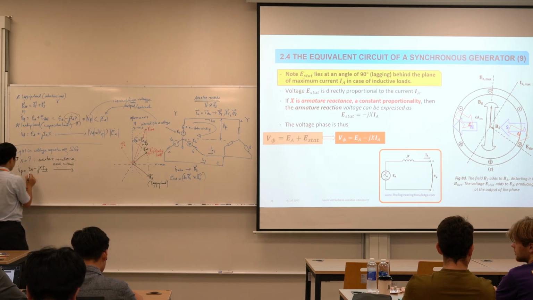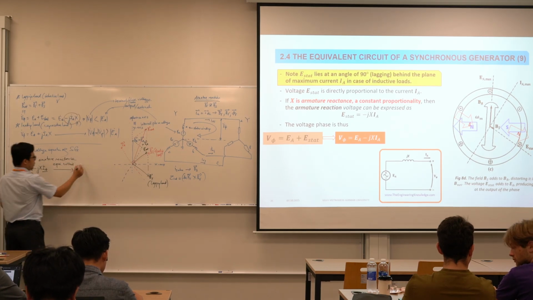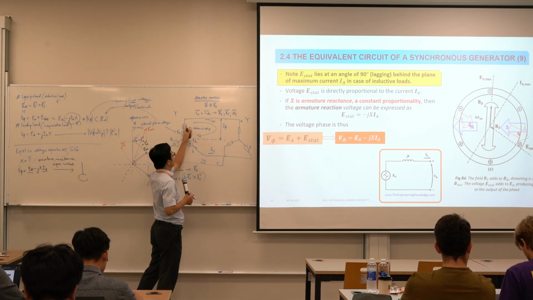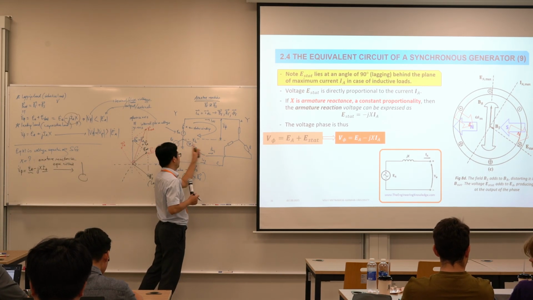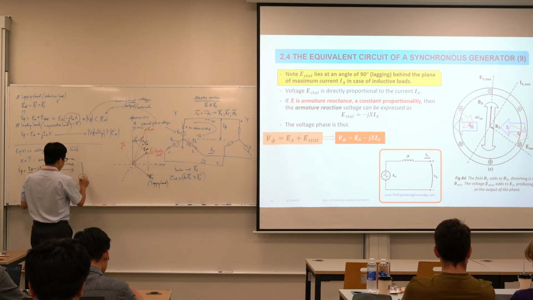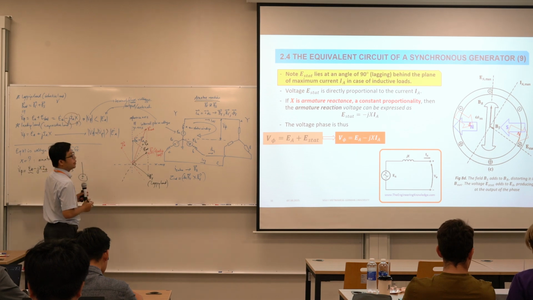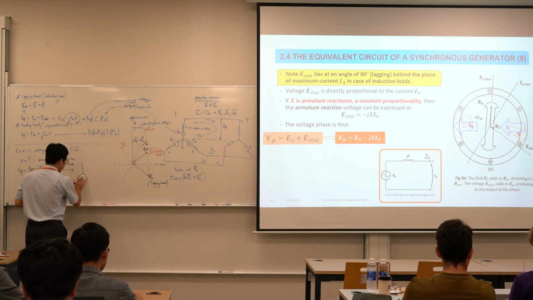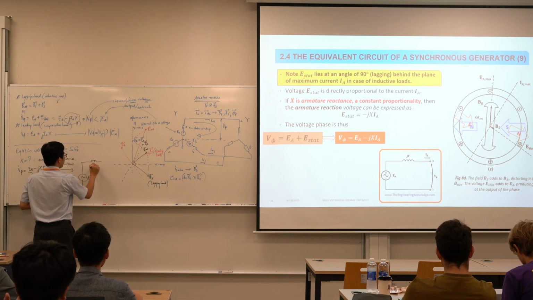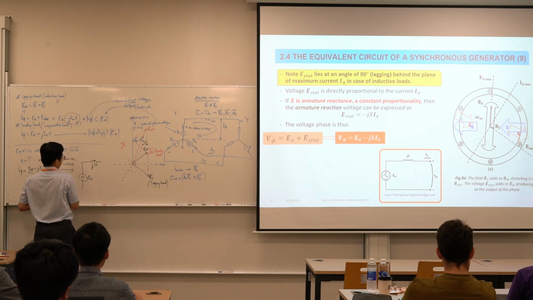You know, this is source. Okay. So here, that means we just pick up one phase. We just pick up one phase to be the equivalent circuit. Okay. So here. Sorry, this is DC. Here we have EA, right? And then here we have jX.